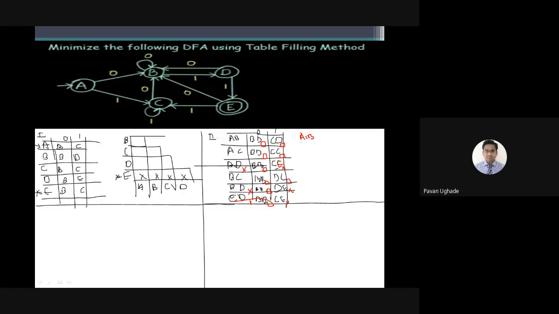I'll make one table once again here, guys. B, C, D, E, A, B, C, D. Consider the previous entries.